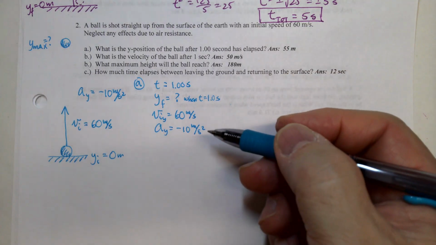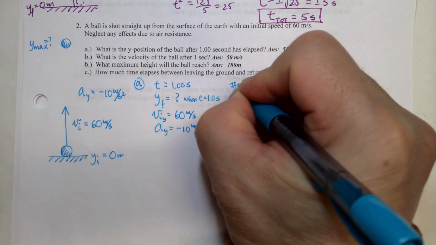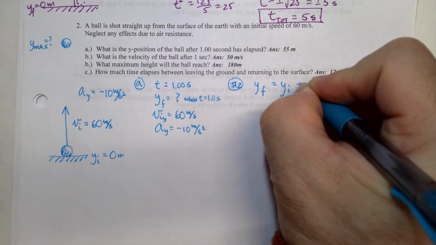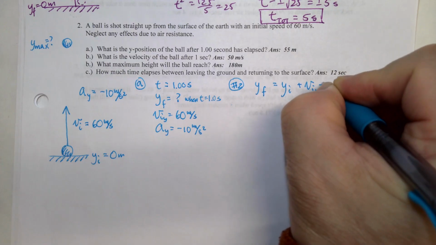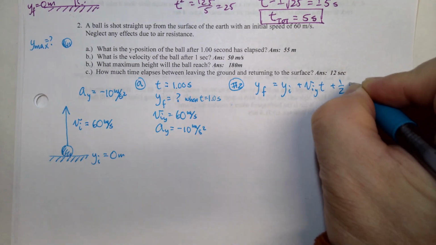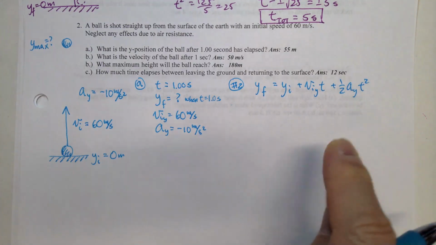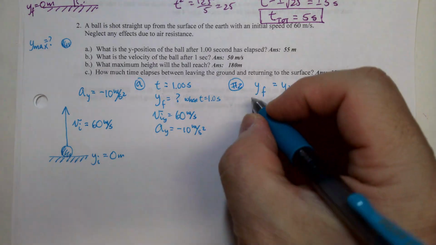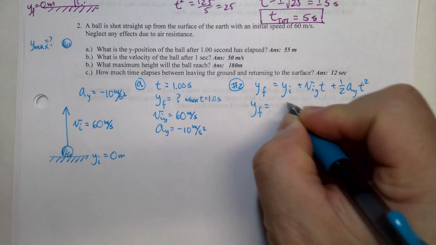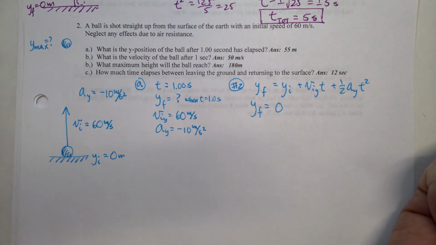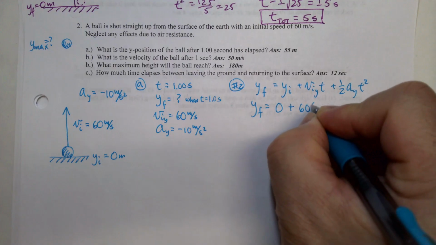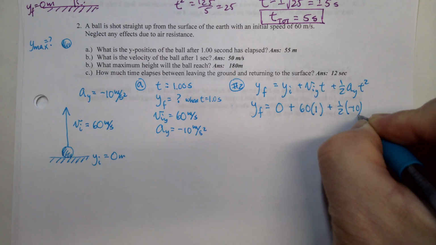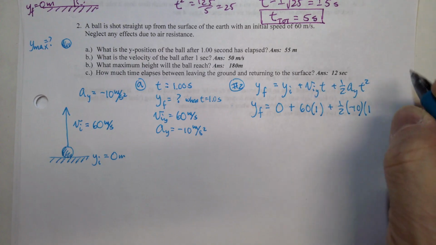So with this, you could probably use equation number 2 again: y final is equal to y initial plus v_iy t plus 1/2 a_y t squared. Now this t is 1 second. So let's take a look at what my y final is. y initial is 0 plus 60 times 1 plus 1/2 times negative 10 times 1 squared.